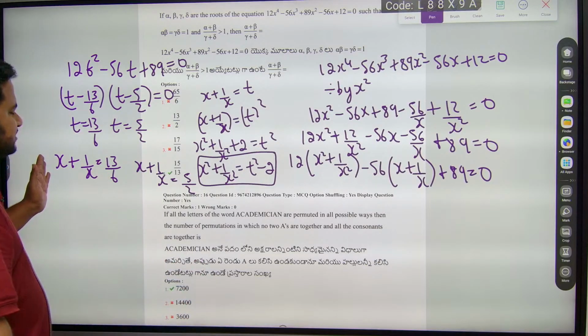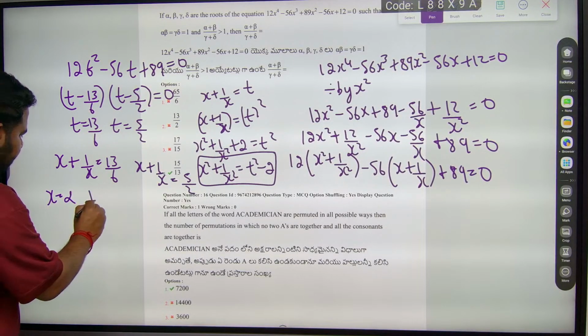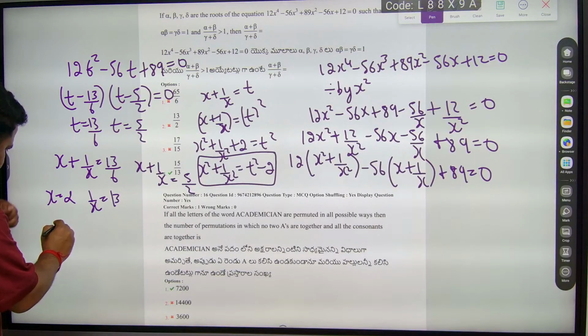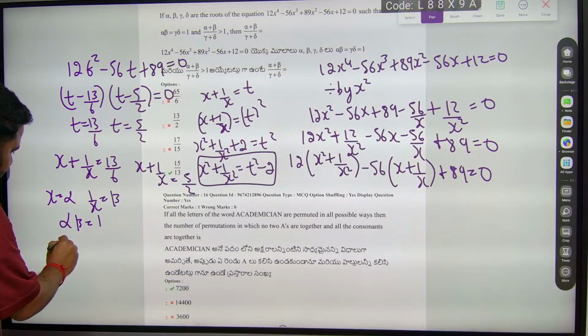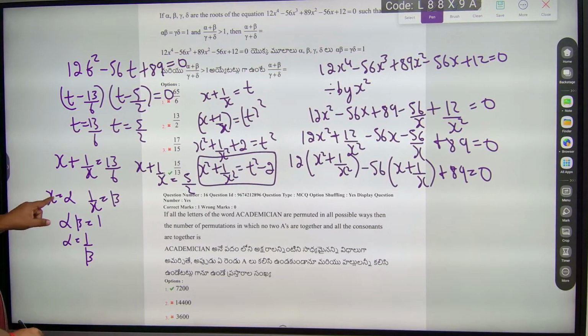If I take x equal to alpha, then 1 by x becomes beta. Why does it become beta? Because alpha into beta is equal to 1, so alpha is equal to 1 by beta. So alpha is equal to x means 1 by x is beta.